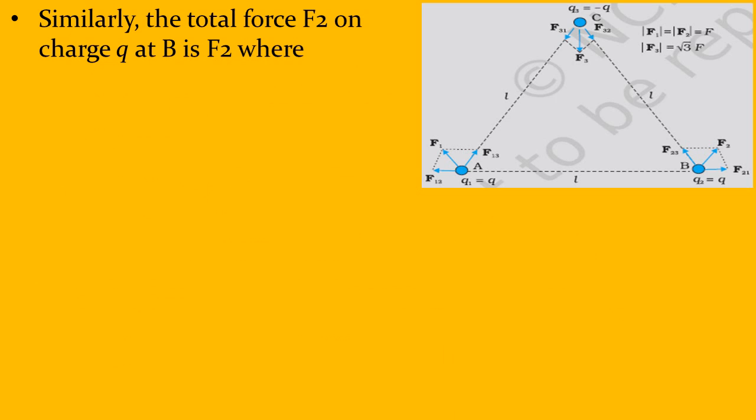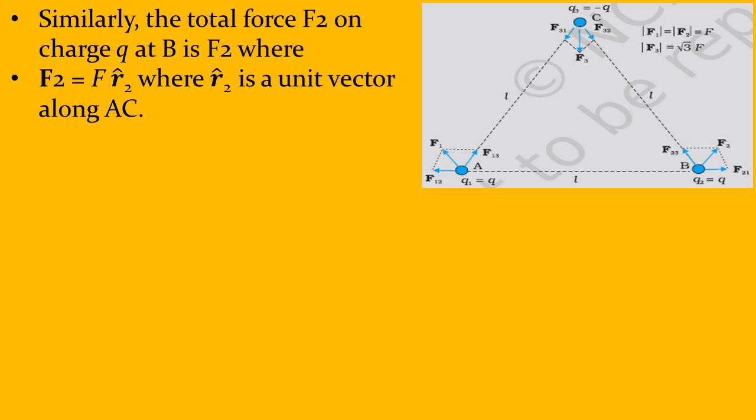Similarly, the total force on charge Q at B, if we call it F2, is F2 R2 hat. And this R2 hat, if you see the blue line at B, F2, is parallel to AC. So R2 is a unit vector along AC.